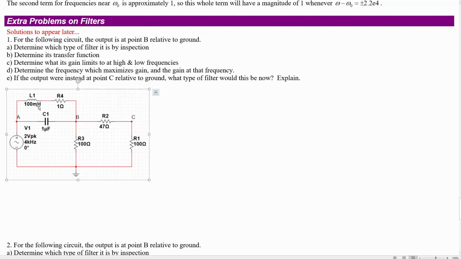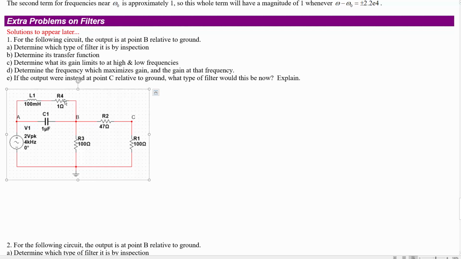And you know that acts like a short at extremely low frequencies because of the inductor's effect, and acts like a short at extremely high frequencies because of what the capacitor does. So this thing is something that shorts out from A to B at really low or really high frequencies, but somewhere in the middle, the inductor and the capacitor cancel to create an open circuit. Almost.